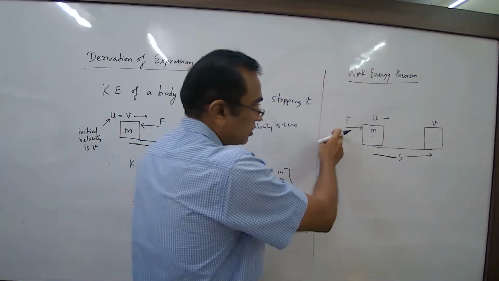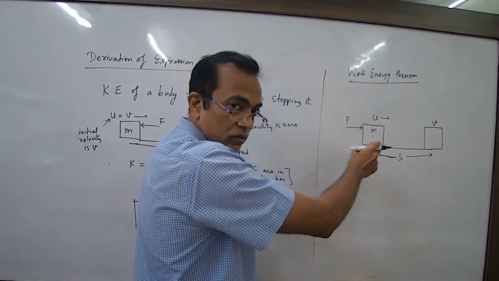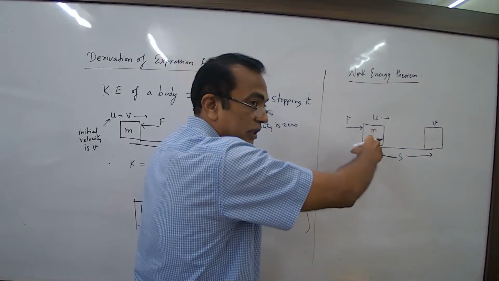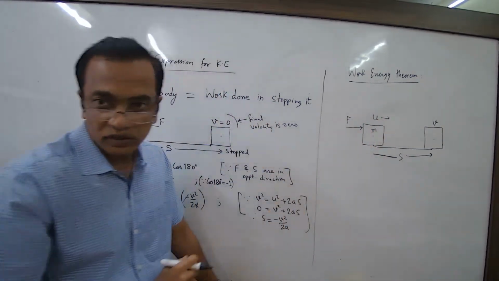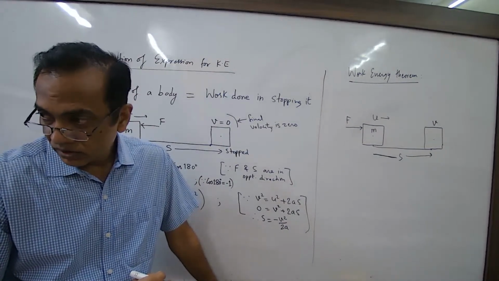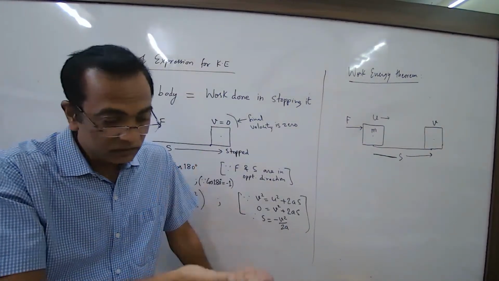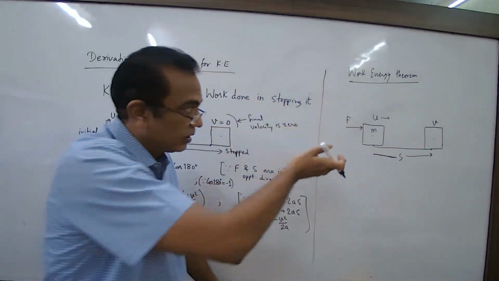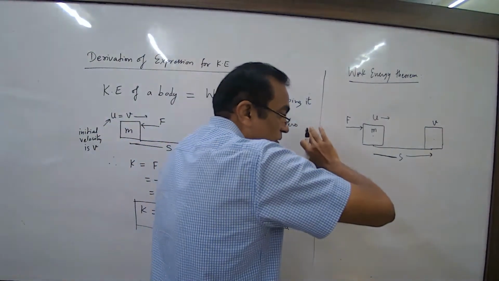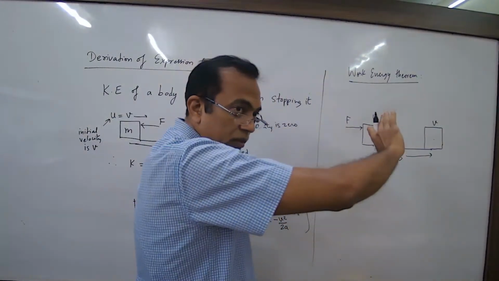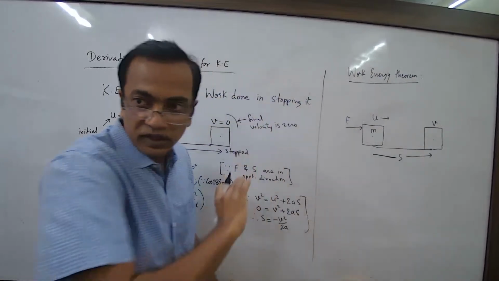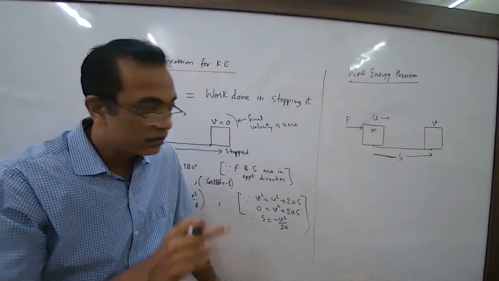So whatever is the work done by the force will appear as the increased kinetic energy of this body. Isn't it? The gain in kinetic energy, like when we lifted the body, there was a gain in potential energy. Likewise, when I work on the already running body, then that additional work will appear as its increased kinetic energy. So that is work energy.